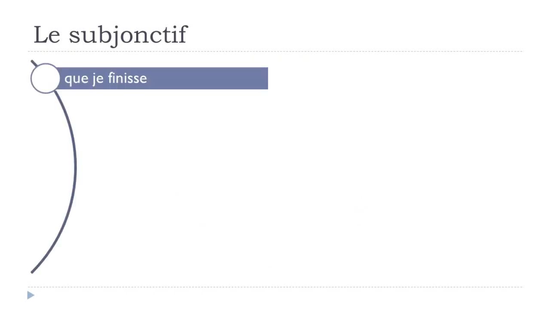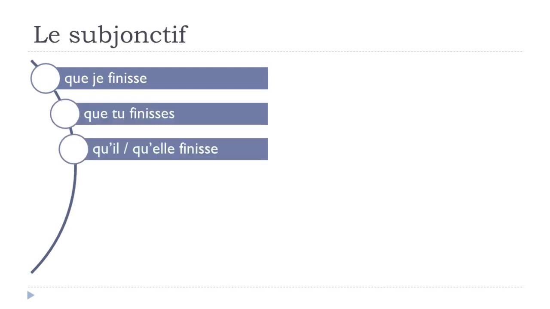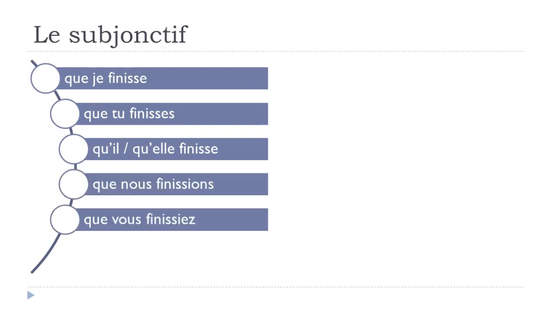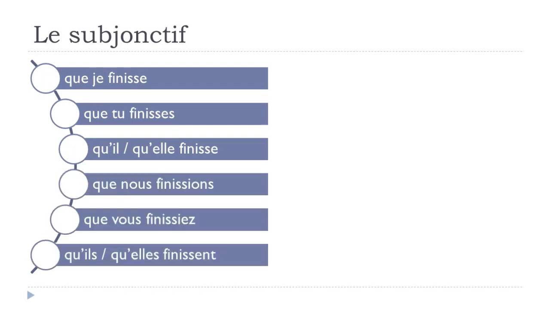All right? So second group, I took the classic example, finir, to finish or to end. Que je finisse, que tu finisses, qu'il finisse, qu'elle finisse, que nous finissions, que vous finissiez, qu'ils finissent, qu'elles finissent. Okay, so you can see that you've got the endings e, es, e, ions, iez, ent.